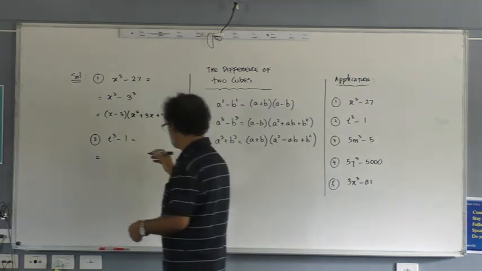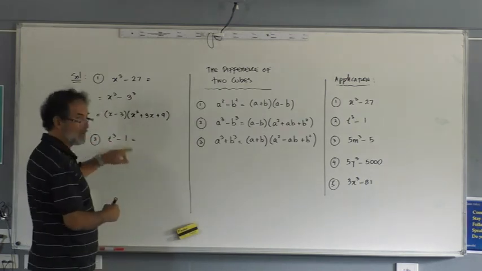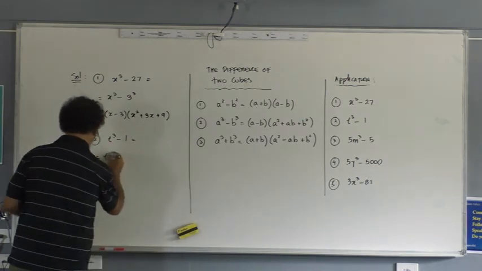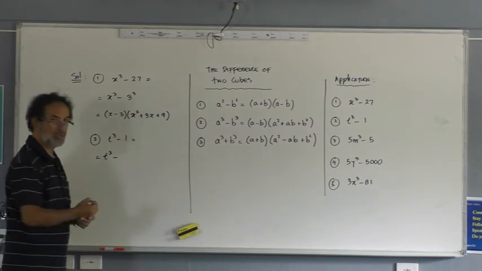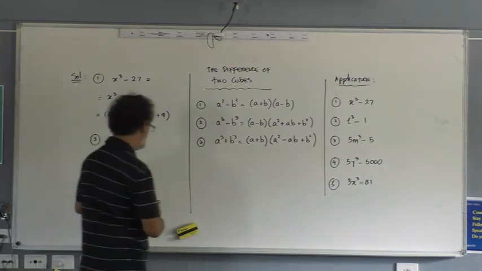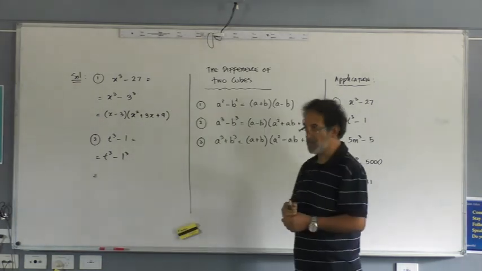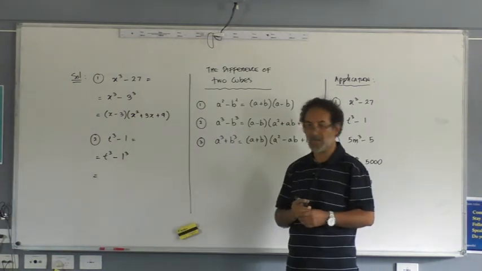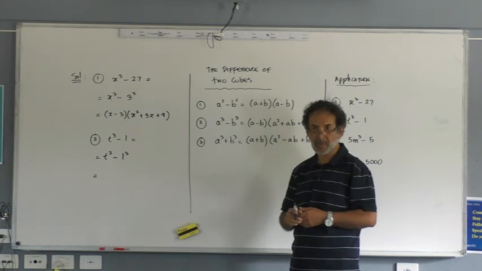Okay, so t cubed minus 1 is exactly the same as t cubed minus 1 cubed.